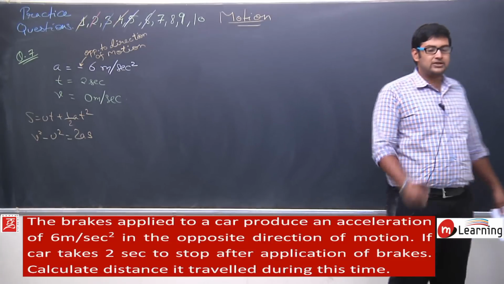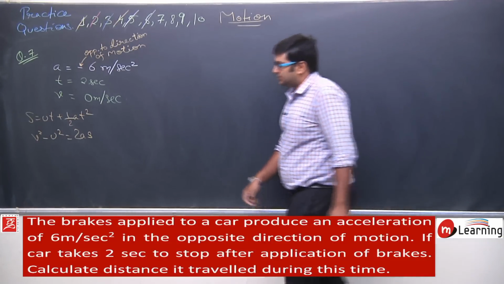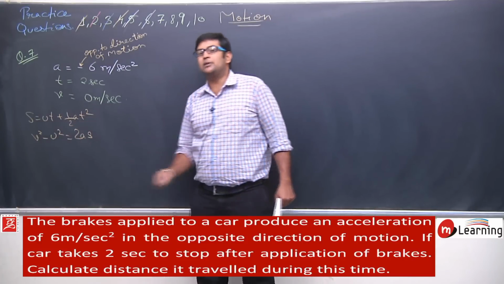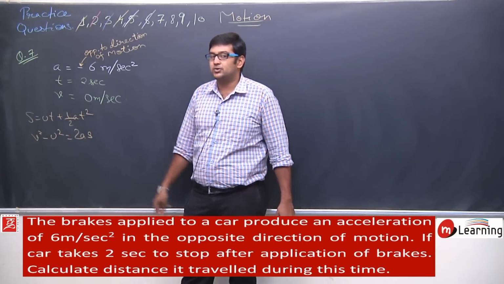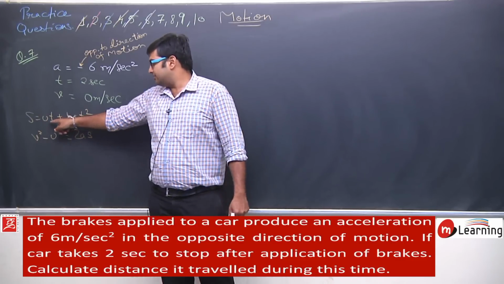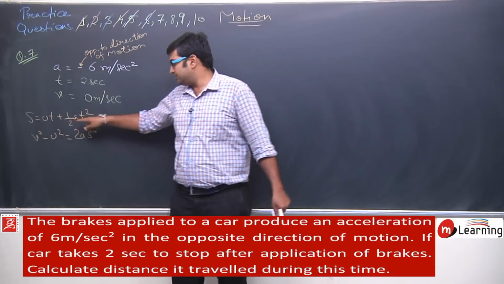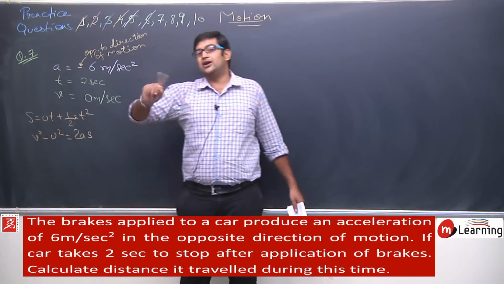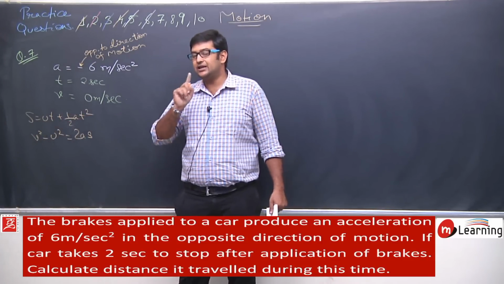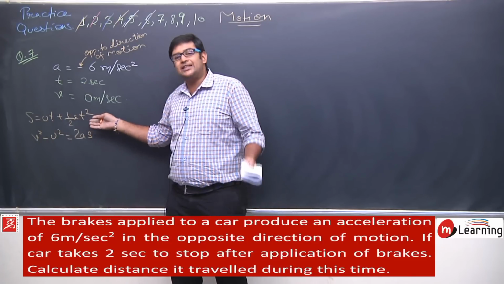I will use the equation in which I have the value of all the parameters. Consider the first one, s is equal to ut plus half at square. Here, do I have the value of t? Yes. Do I have the value of a? Yes. Do I have the value of u? No. I do not have the value of initial velocity, so I cannot apply this.